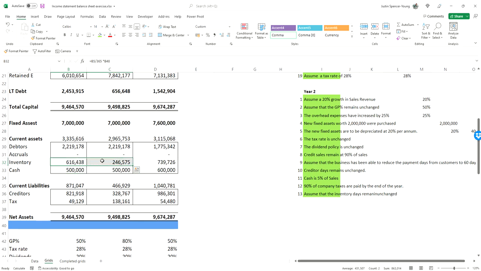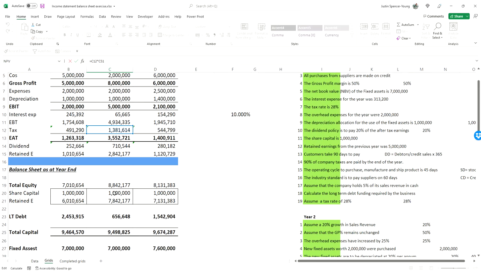But the inventory has changed now. Because we changed the gross profit margin, it means the cost of sales is less. And based on a lower cost of sales, the inventory number is going to be less. And likewise for the creditors, if you're buying less from your suppliers, you're going to get less on credit from them.